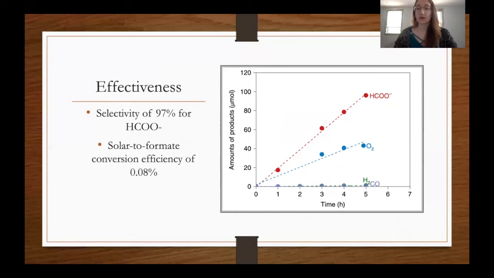And we just want to produce formic acid because that has a real life use that I'll explain later on. Additionally, it has a solar to formic conversion efficiency of 0.08%. Now, that doesn't seem like a lot, but the absolute maximum that we have ever done so far is about 7%. So, research is still being put into this, and eventually we will see that number increase.